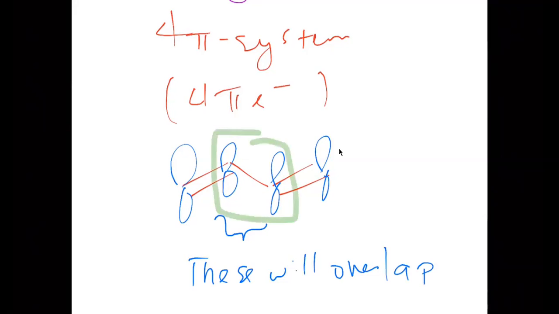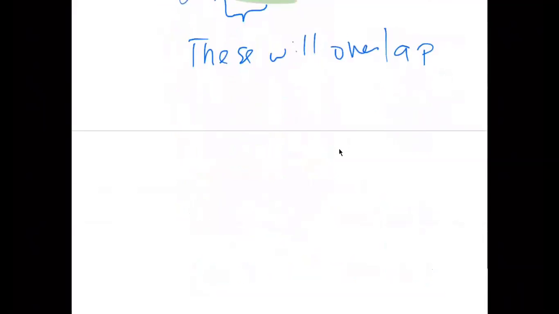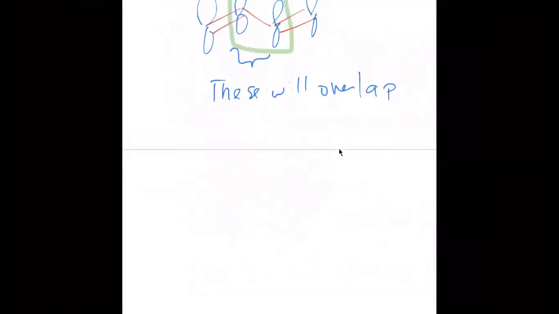All right. So with the 4 pi system, how many p orbitals am I looking at again? 4. So 4 atomic orbitals. That means I should be able to generate 4 molecular orbitals. And again, it's the same concept from before.